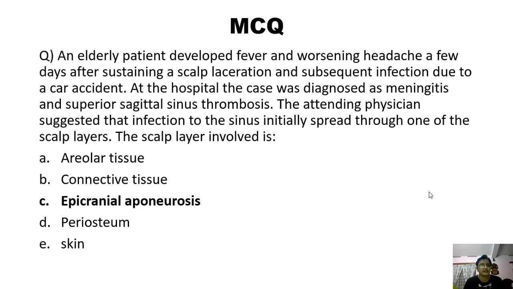The scalp layer involved is, so this is most common, in other terms it can be asked as the dangerous area of the scalp. So any meningitis or any thrombosis in the sinus will be due or through epicranial aponeurosis.